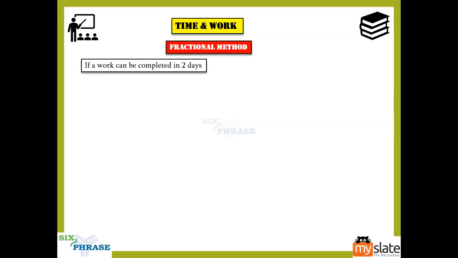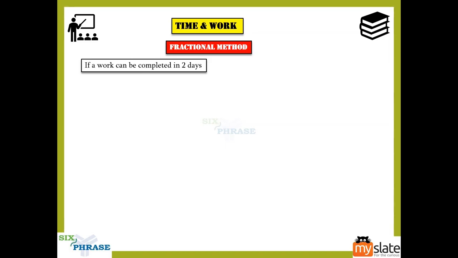Fraction. In a fraction, what is the whole? In a fraction, the whole is always 1. When the whole is 1, if a work can be completed in 2 days, what is the amount of work that will be completed in one day? This is why it is called fractional method, because we are dealing with fractions here.